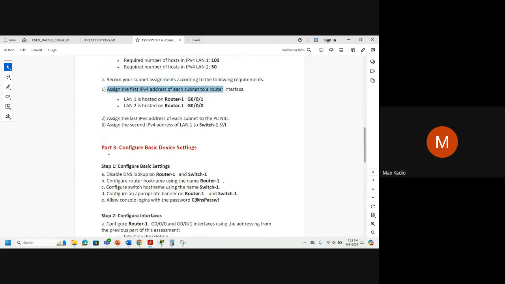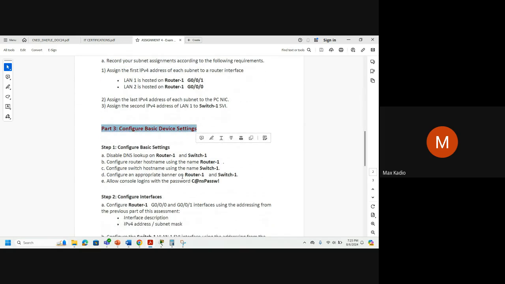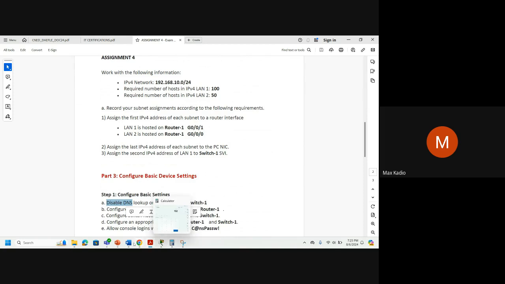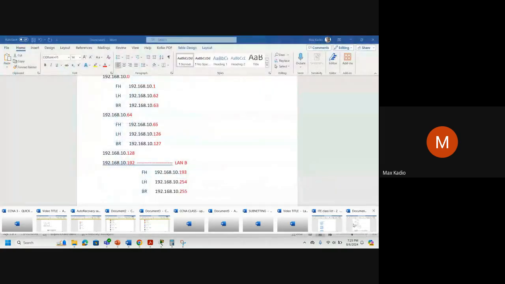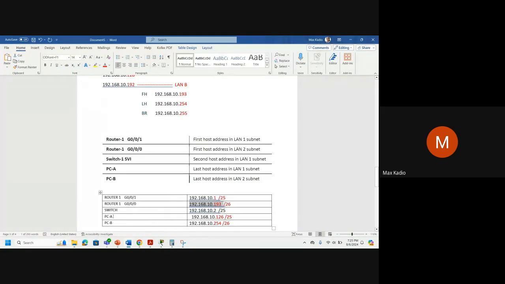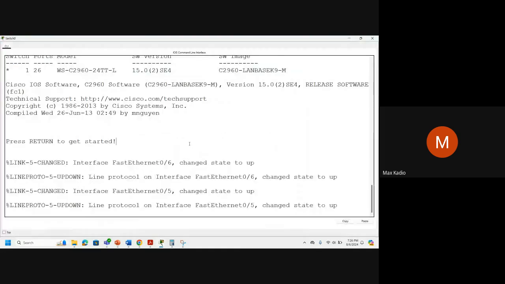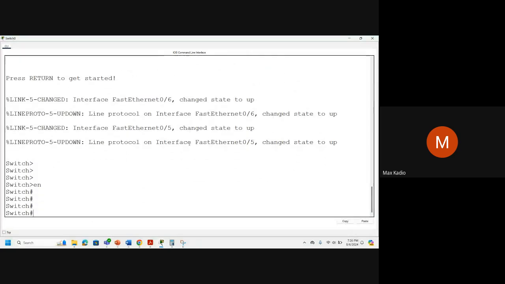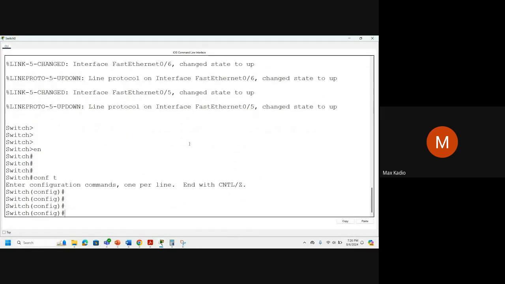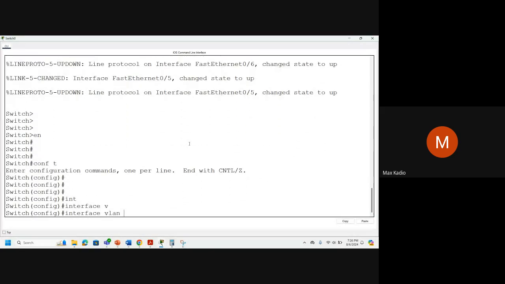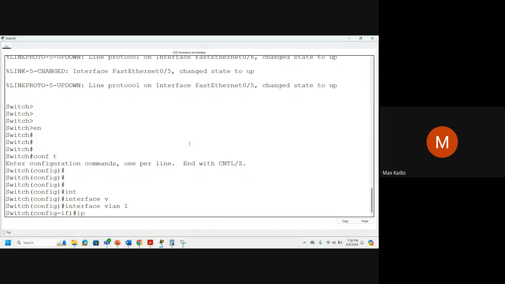Now, part 3, configure basic settings. Disable DNS. We forgot to do it for the switch. The switch, this is the IP of the switch, the SVI. We copy it. We go to the switch. Enable, conf t, interface VLAN 1, IP address.